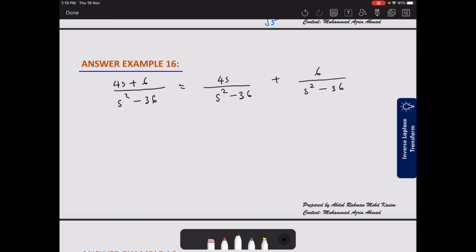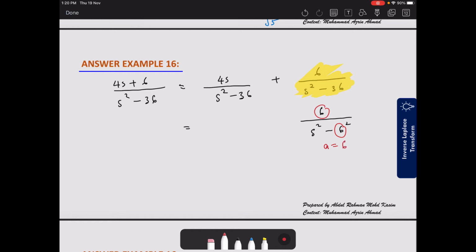So look at the table. I believe that the second one can be easily obtained from the table, because we have 6 over here, we have s squared over here, we have 6 squared over here. Look at here, we have the similar term a. So your a is equal to 6.